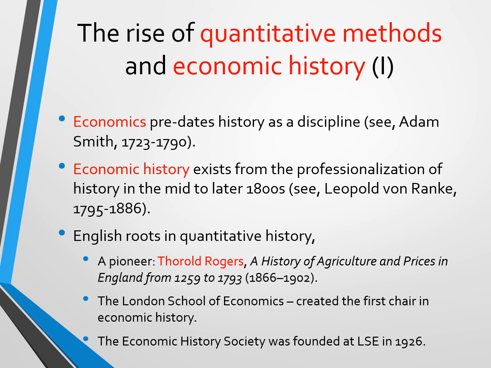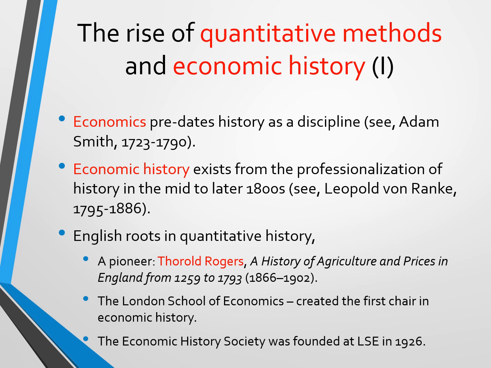Economic history, as distinct from economics or history, exists really from about the time of the professionalization of history itself in the mid to later 1800s. And again, we might think of the father of modern history as a discipline being Leopold von Ranke, who of course dies in 1886.